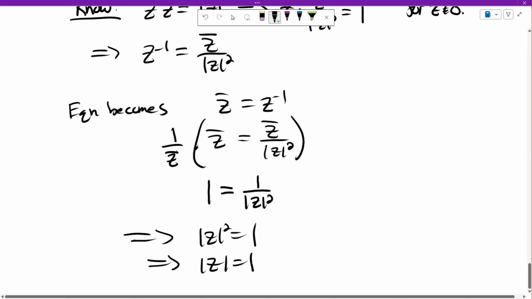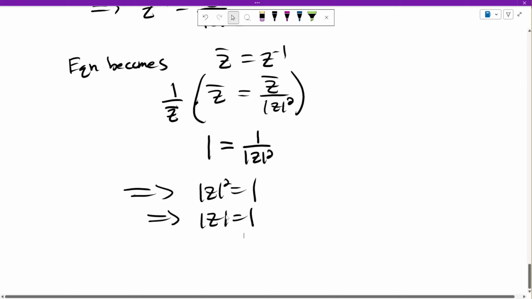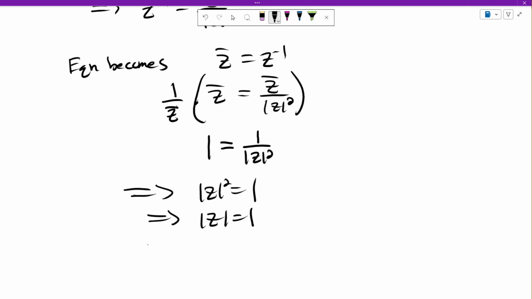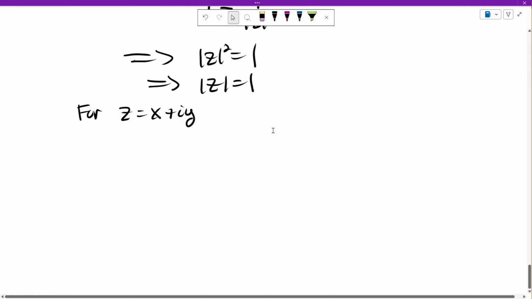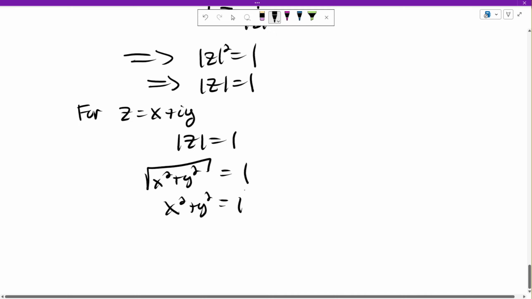So the solution set is the collection of all complex numbers such that modulus of Z is 1. And let's unravel this a little bit further. If we write a general complex number as x plus iy, then modulus of Z is 1 is saying the square root of x squared plus y squared is 1, which is saying x squared plus y squared is 1 by re-squaring, if you like.